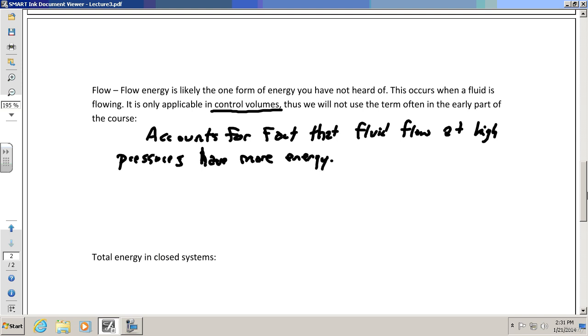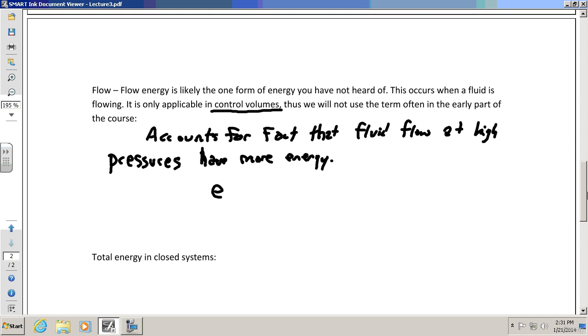Now, I don't expect you to go, oh my gosh, I totally understand, this is so clear. That's okay. It accounts for the fact that fluid flow at high pressures has more energy.